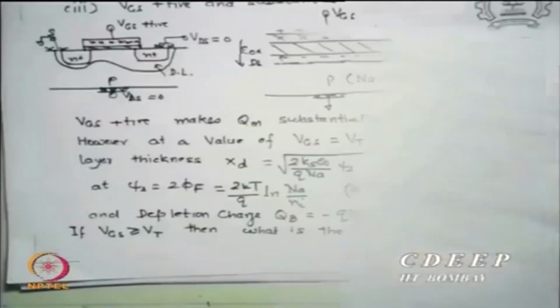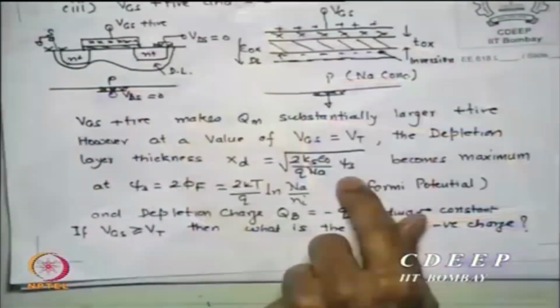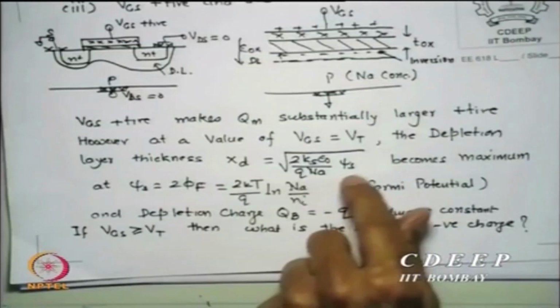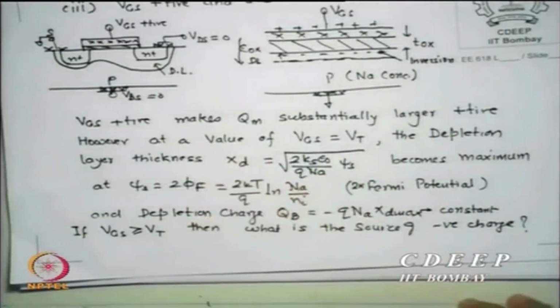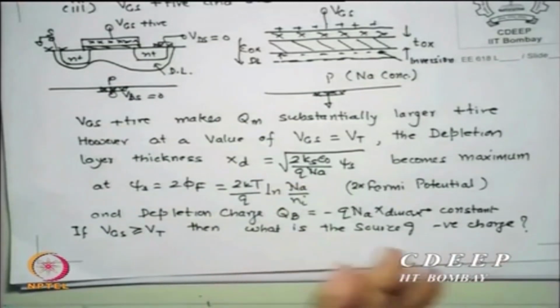If you look at my expression for depletion, q Na xd, but xd is proportional to psi s, so which relationship is it showing? Root of psi s. The depletion charge is proportional to root psi s, but inversion charge can be created as e to the power q psi s by kT. So obviously exponential functions are stronger than root functions.